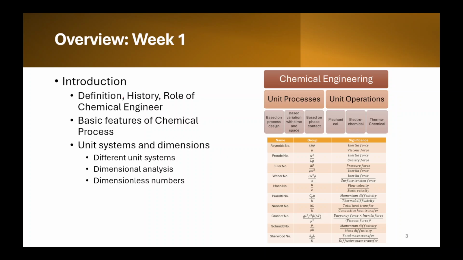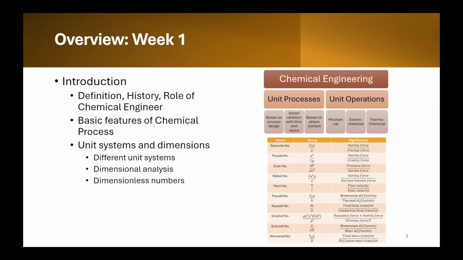The definition of chemical engineering is that it makes use of physical, chemical, and biochemical processes to generate certain chemicals which are used for the betterment of humanity. Then the history of how this subject came into being and why it is important, and then the role of a chemical engineer today in different fields such as nanotechnology, catalysis, and polymeric sciences.